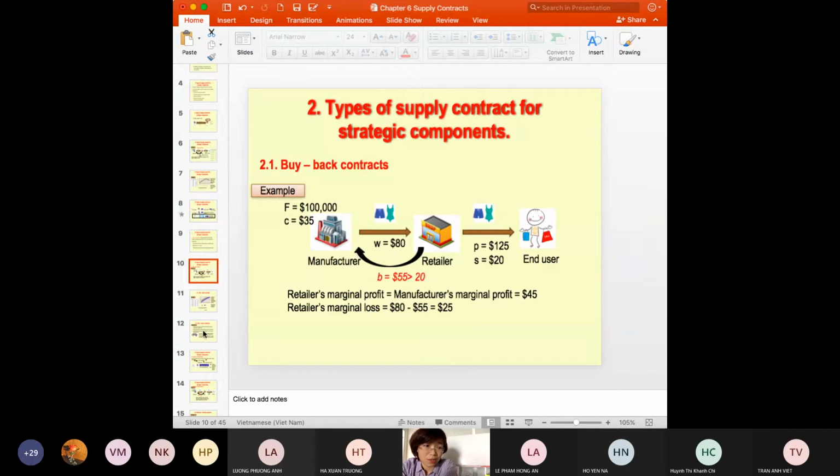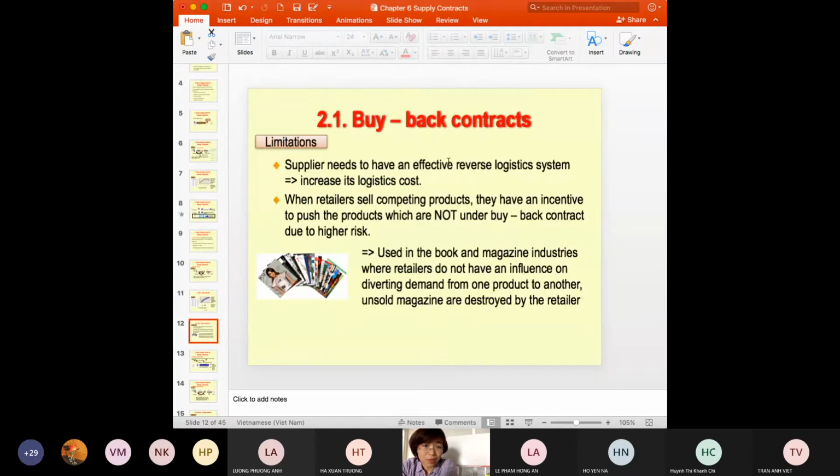So that is the disadvantage of the buyback contract: it increases the logistic cost.